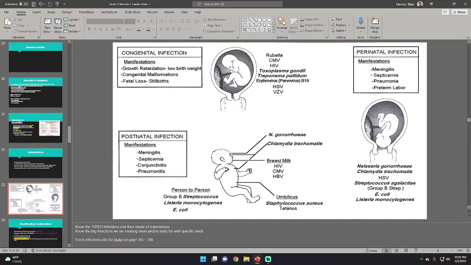Going into our TORCH infections. With TORCH, obviously, the T is going to be toxoplasmosis. This is contracted by eating raw or undercooked meat or contact with feces of infected cats. This can be found even in garden soil, and this is a maternal transmission during pregnancy.